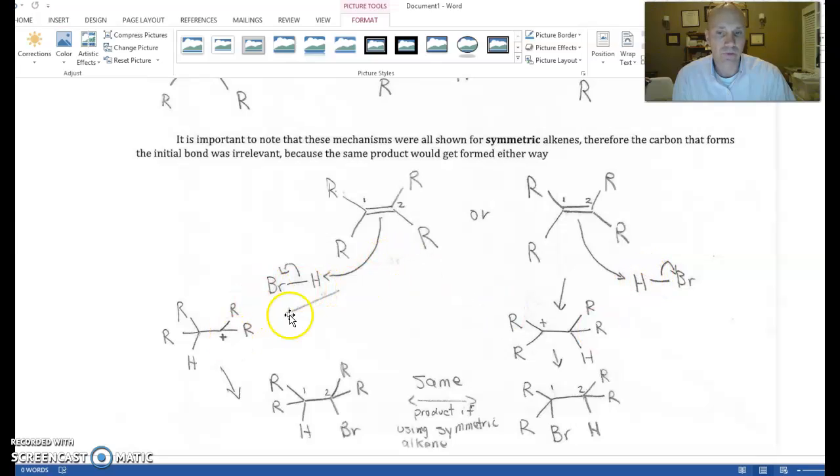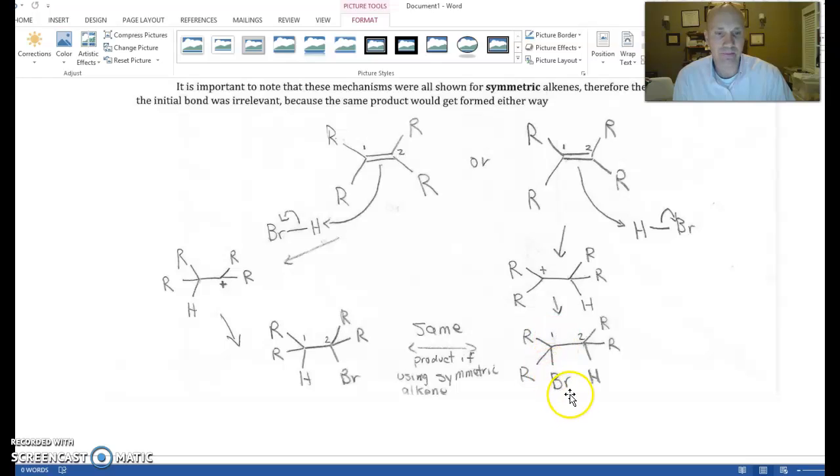If we make it to the left carbon, notice that creates the carbocation on the right carbon. And if we attack the right carbon, it creates the carbocation on the left carbon. When we then add our other atom, let's pretend that in this case it would be bromide, that would put the bromine on the left carbon. Here we would put the bromine on the right carbon. But notice what happens.